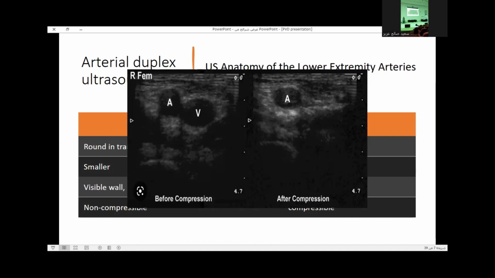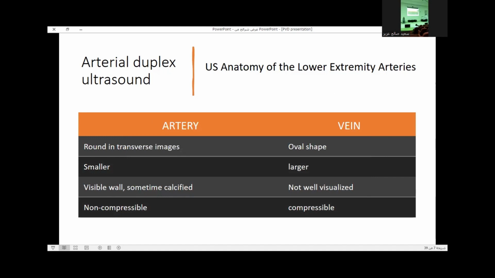We can see the vein disappear after compression in this image. This is a simple way to distinguish between both. Visibility of the wall: usually we can see it in the artery, especially in atherosclerotic patients, but the vein wall is usually invisible.